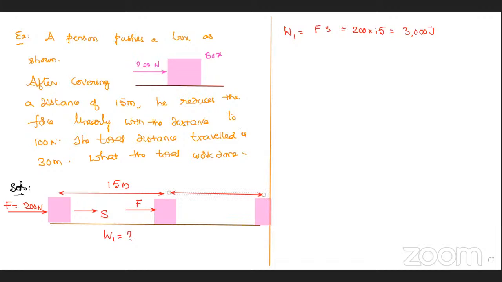That is correct. But how much did you take the F value to find out the work done? Half of 200 plus 100, that is (200 plus 100) by 2. Right.